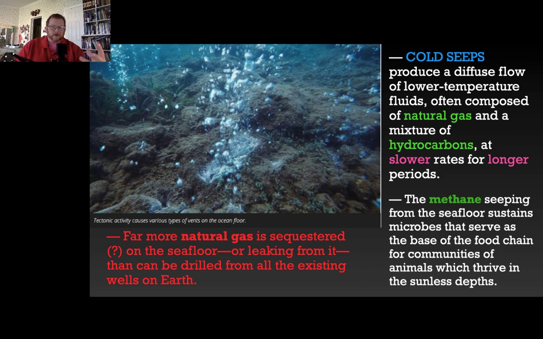The microbes there use the oxygen in the water and the hydrocarbons that are given off to create food for themselves and for the animals around them. Cold seeps, no heat. That's why it's called a cold seep. Methane and natural gas is given off from the ocean floor. Again, the microbes use the oxygen in the water and the natural gas and the methanes to create food for themselves and the animals which survive around them.